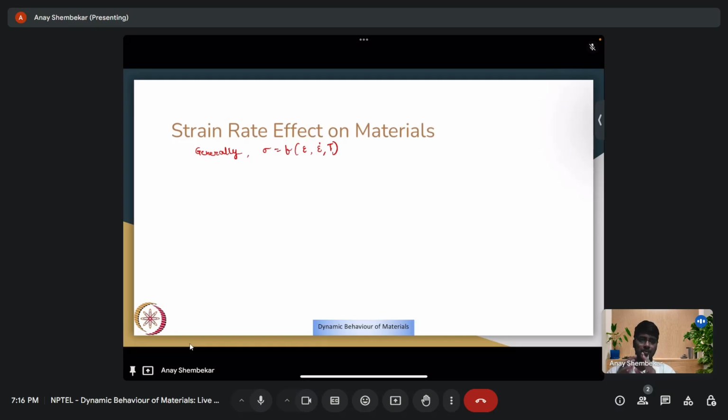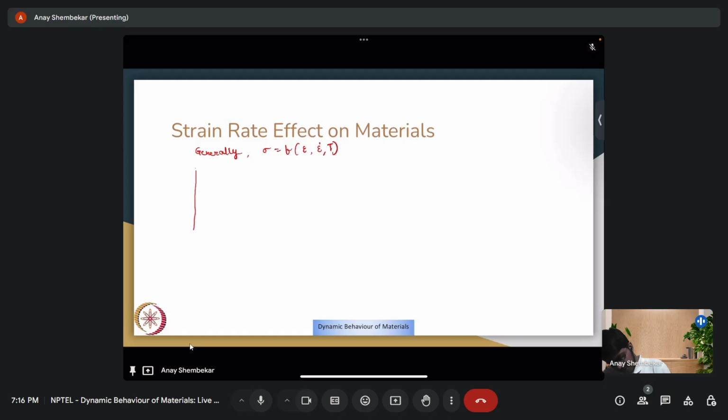So stress is developed only based on current deformation, which is strain, your current strain rate, how fast it's being deformed, and the temperature. How this looks in practice can be thought of in the following graphs.